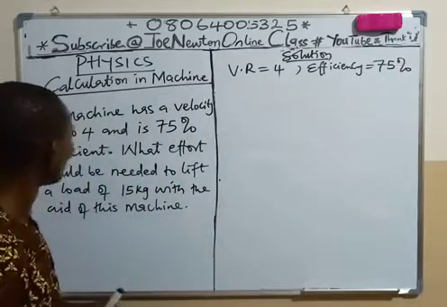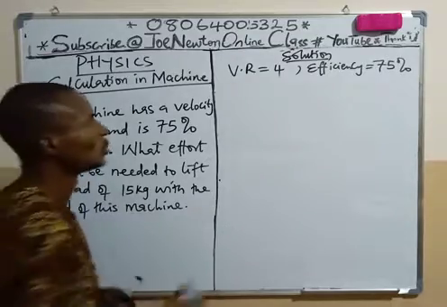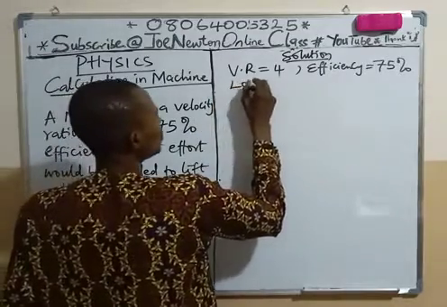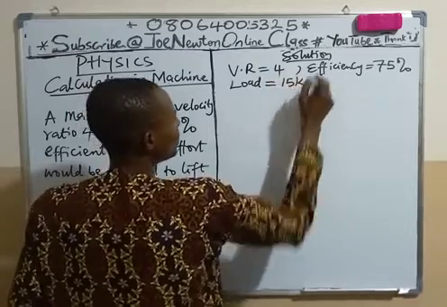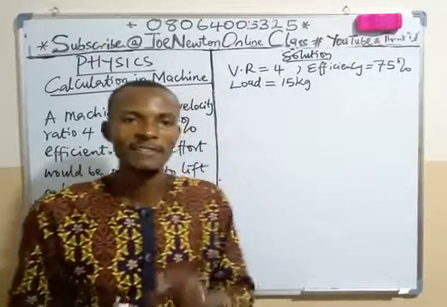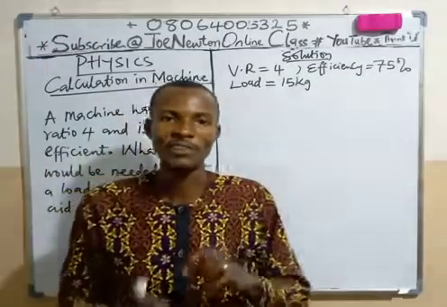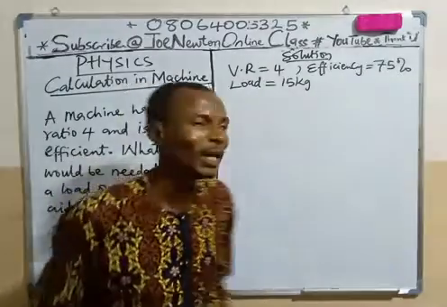Then we are not given the mechanical advantage, but we are given the load. The load is 15 kilograms. Now, recall that this load is a force and the unit of force is Newton. So we are bound to convert this load to Newton quickly.